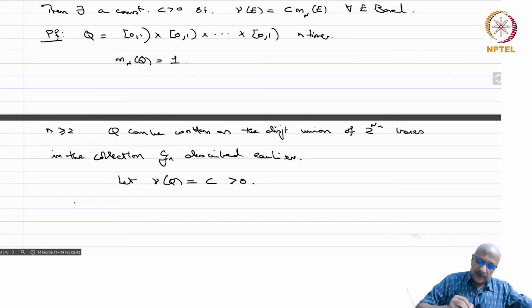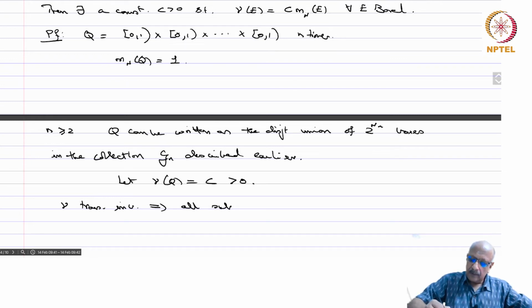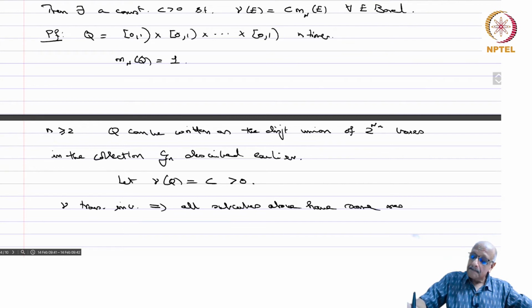Then nu is translation invariant, which implies all subcubes above have the same measure. So let us take Q tilde, one such subcube.